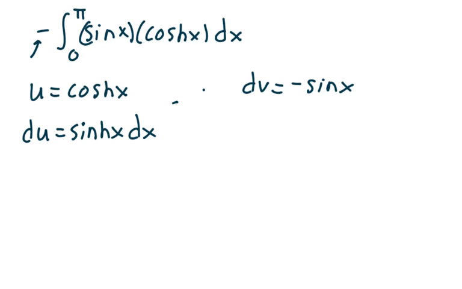When you're taking the derivative of hyperbolic cosine x, you don't have to worry about a sign change. Now, over here, if dv is negative sine x dx, then v is cosine x. And so I'm going to go uv, which is hyperbolic cosine x.